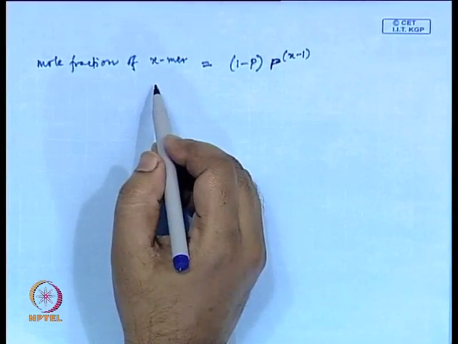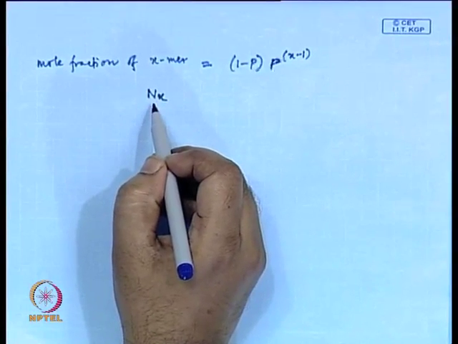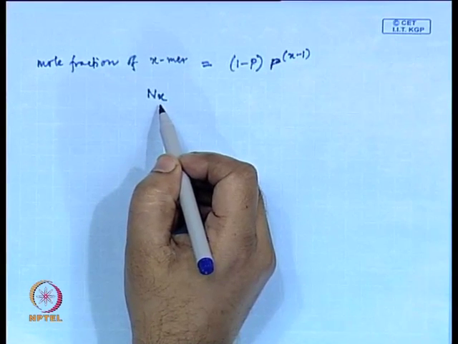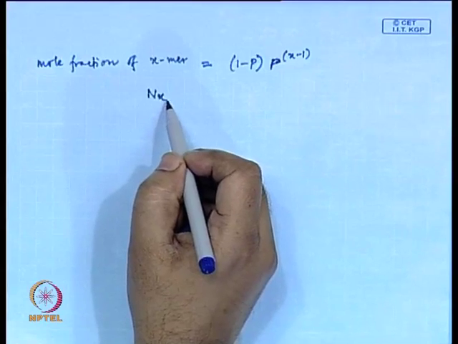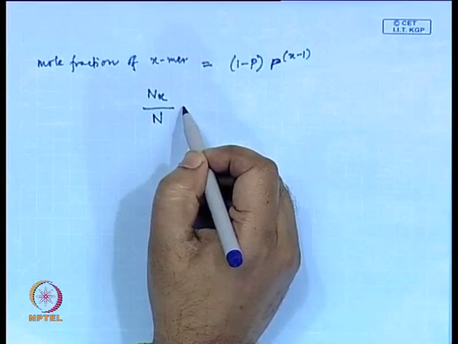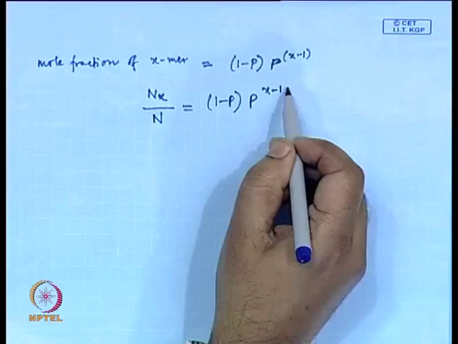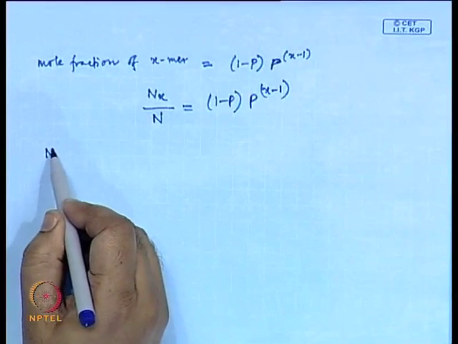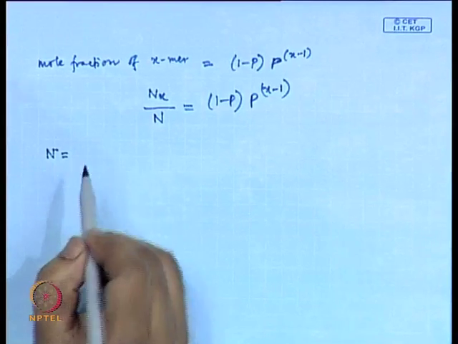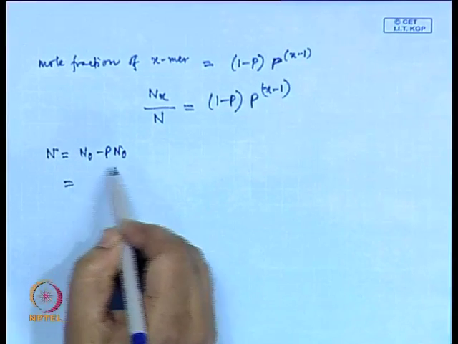Now, what is this mole fraction? Nx is the number of molecules having x structural units, divided by the total number of molecules present at that time. So, 1 minus p, p to the power x minus 1. Now, what is N? N is the total number of molecules present at time t, which is given by the total number of molecules minus p N0 as earlier.